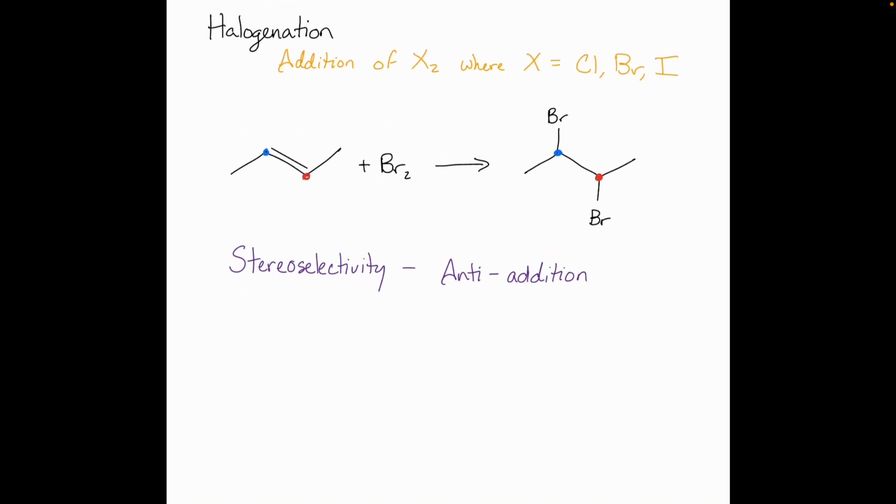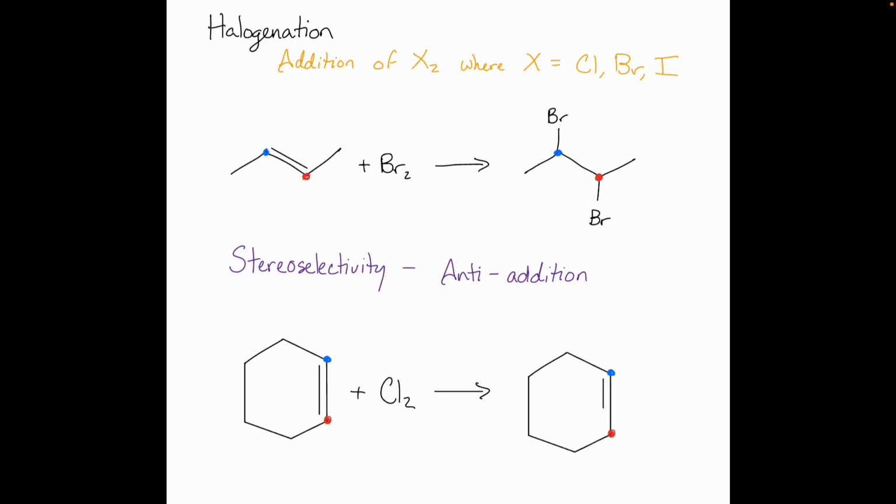All right, so this is only going to be relevant when we're talking about a cyclic alkene that we're starting with. So for example, if I start with cyclohexene, I'm going to get a chlorine on either side of my double bond.